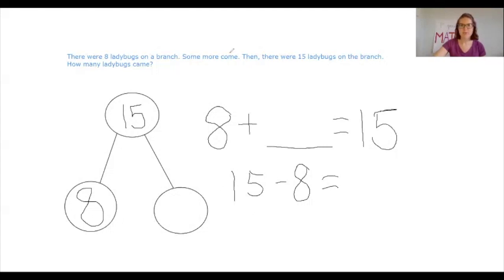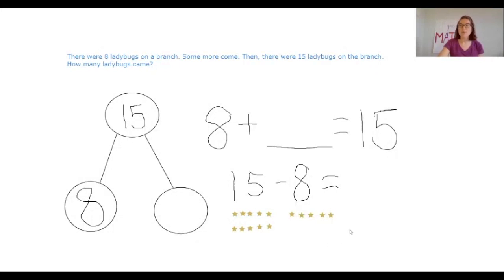Let's use a picture. I'm going to draw stars this time. 1, 2, 3, 4, 5. Rows of 5, remember. 6, 7, 8, 9, 10, 11, 12, 13, 14, 15.